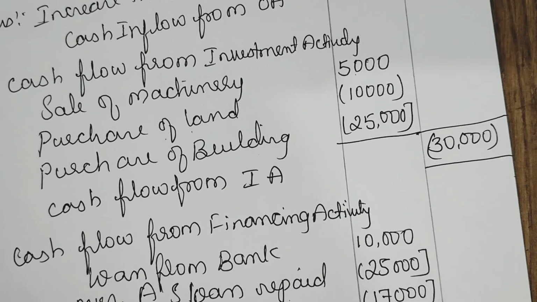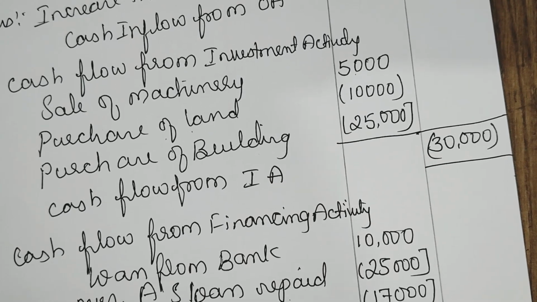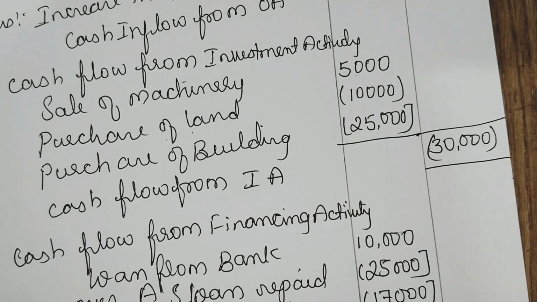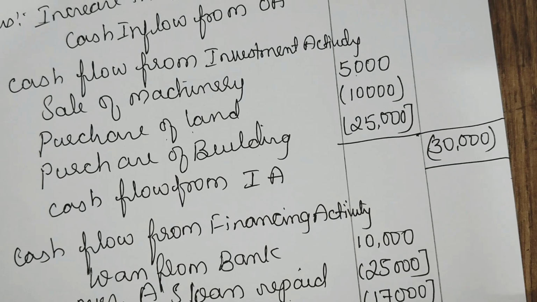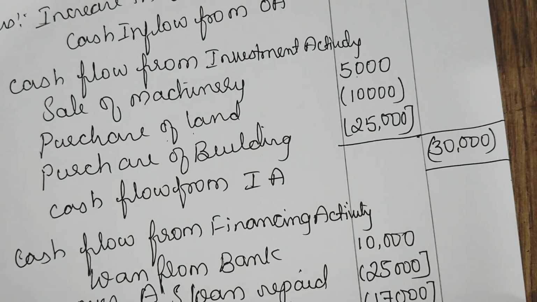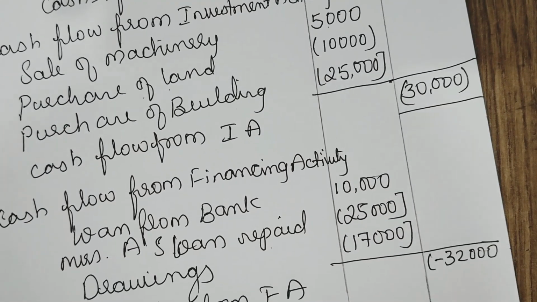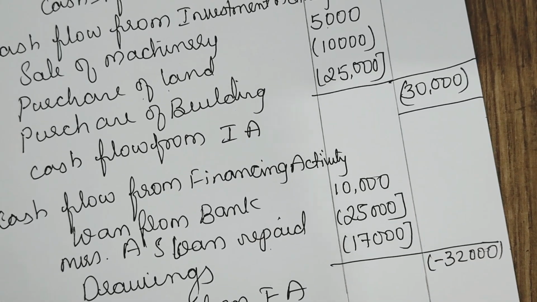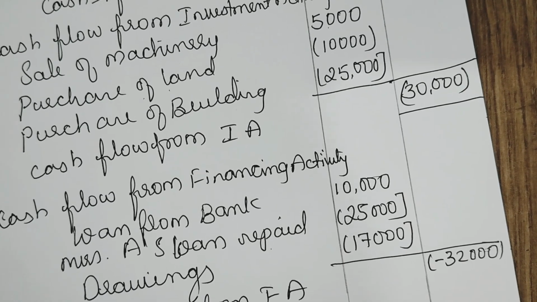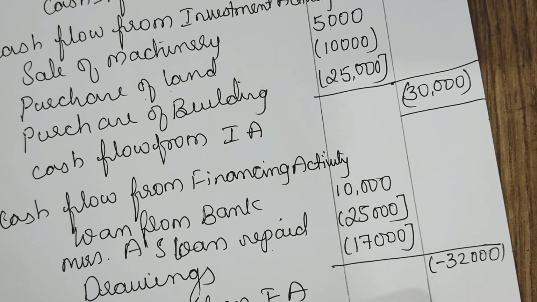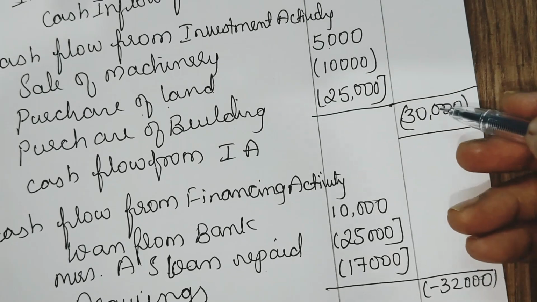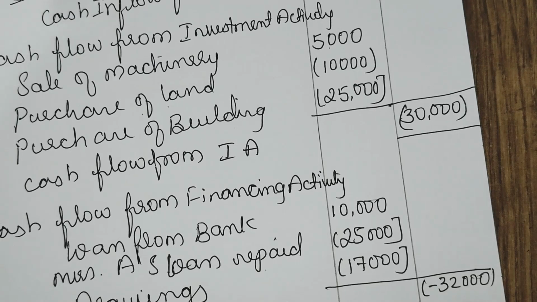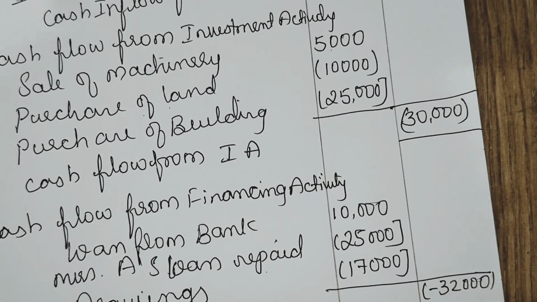Cash inflow from, in financing activities, minus 32,000. Now net cash outflow is 59 minus 30, 29 minus 32, minus 3,000.